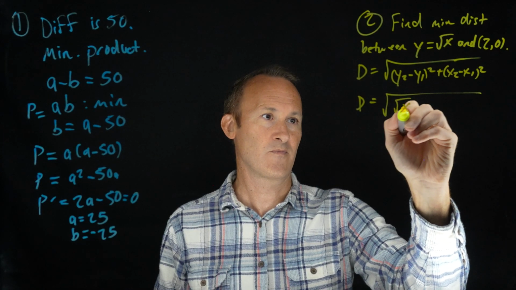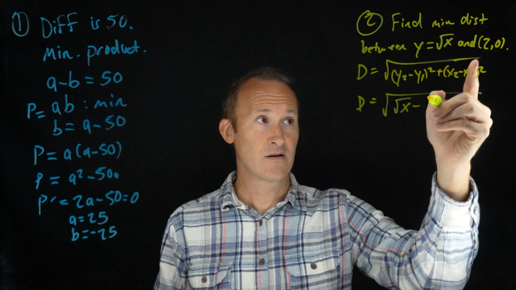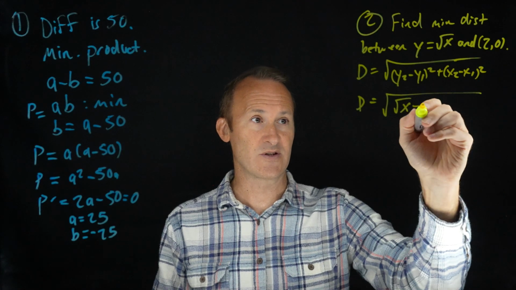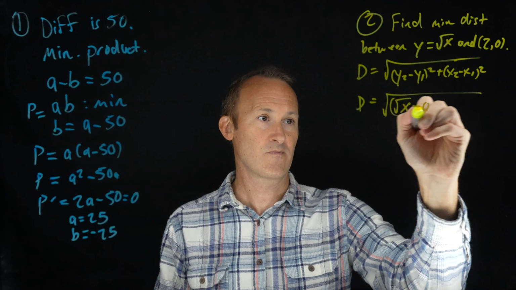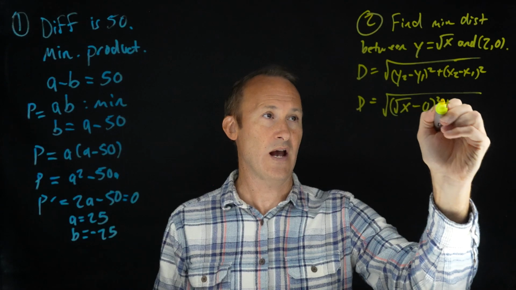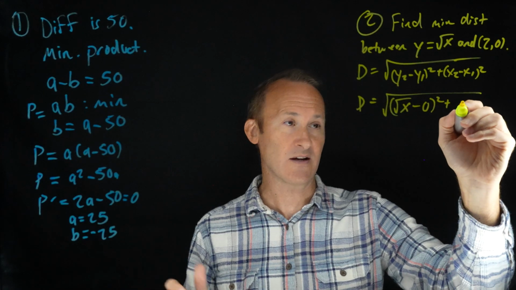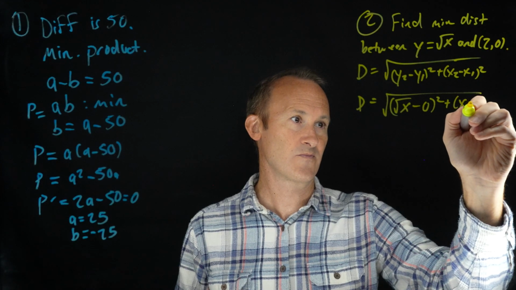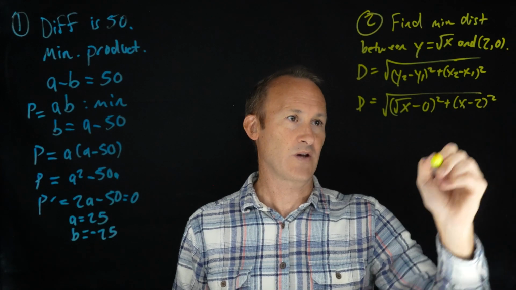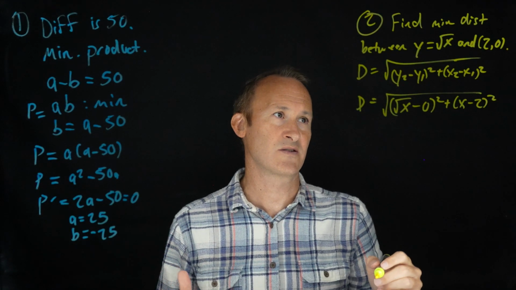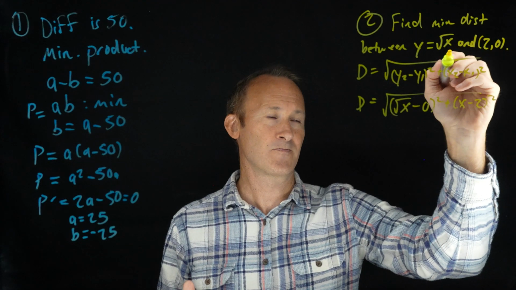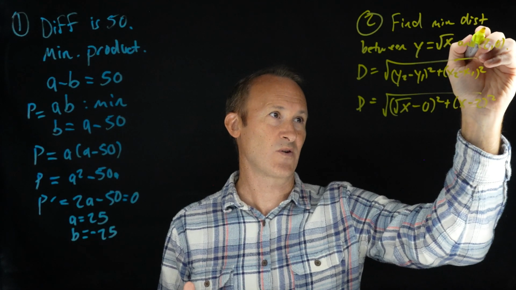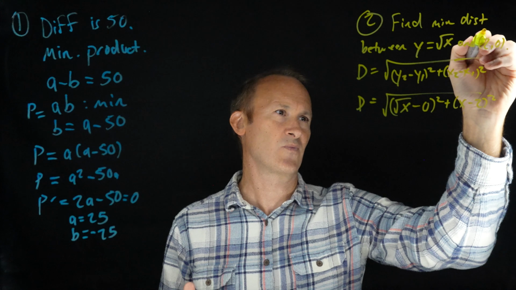Now y1 would be this other point, so it's the 0. And then x2 is just our x coordinate. And x1 is going to be the 2. The idea here is that this point is x1, y1 for us.